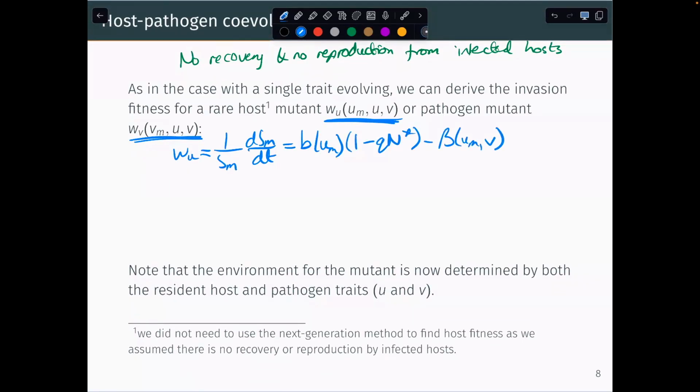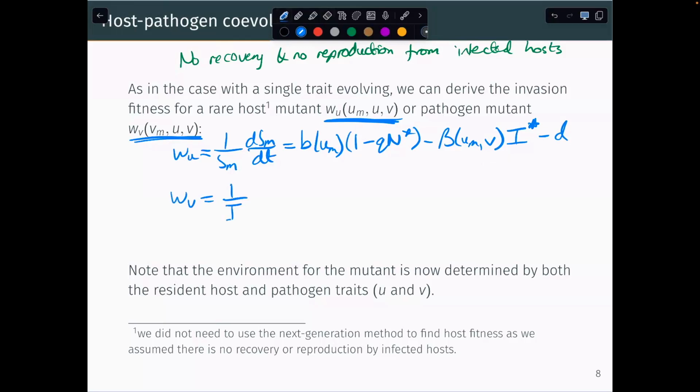So this is telling us at what rate our hosts with this trait, so this level of resistance, are infected by pathogens that are in the resident population, times the density of infected hosts, I star, and then minus its per capita death rate, D. So other than the fact that this happens to be a function of 2 variables, this is just like what we've done before, okay? Looking at its per capita growth rate when it's rare.